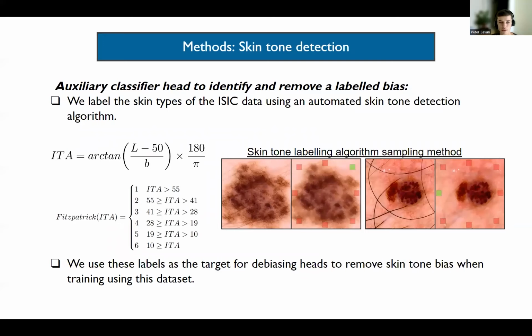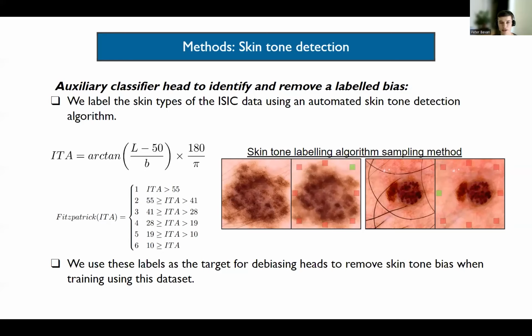So looking at the methods, firstly at the skin tone detection algorithm that we're proposing as an extension of Kinyanjui et al.'s work. Basically, it just converts pixel values into ITA values and then translates these into Fitzpatrick skin type values using just thresholds.